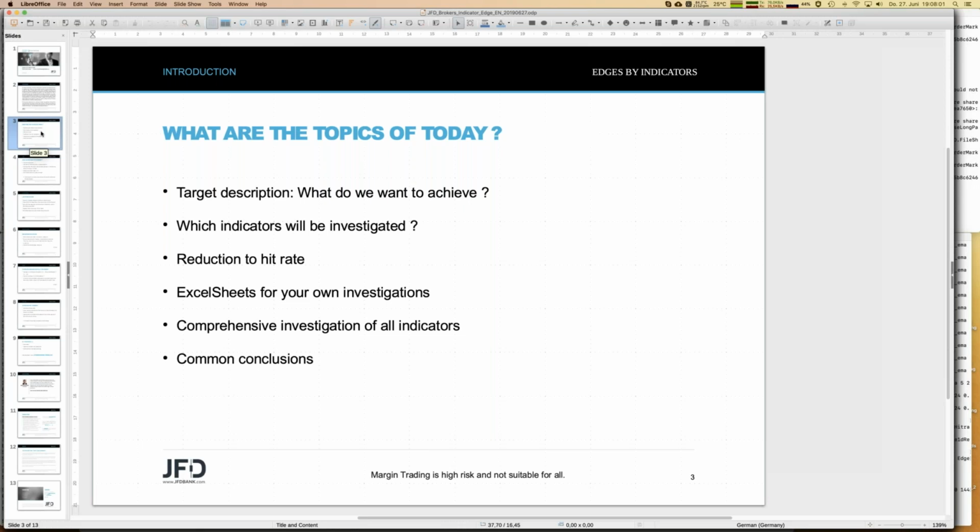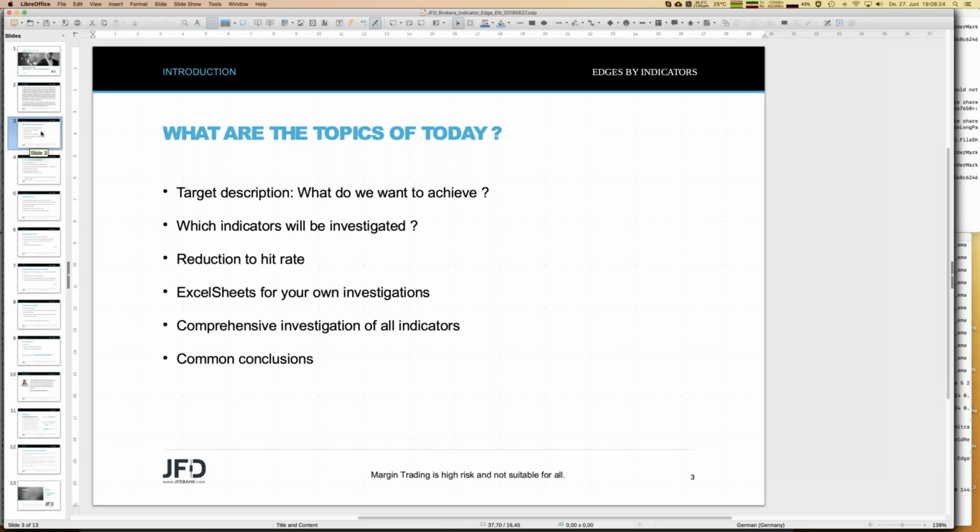Nevertheless, I have done a complete and quite comprehensive investigation of all indicators with all different periods, or not all possible periods, but lots of them. And later we will talk about how far we can look into the future with those indicators and still have an edge.